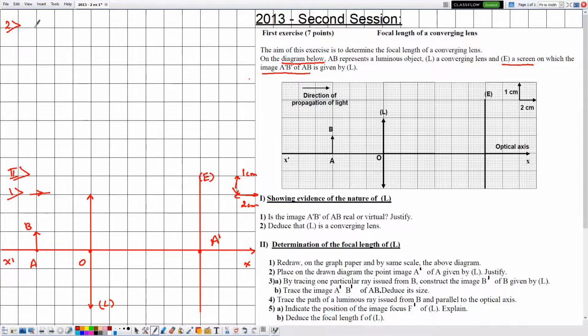Now let's do the justification. Then let's say since the object is on the optical axis, then its image will be on the optical axis. And it is collected on the screen.